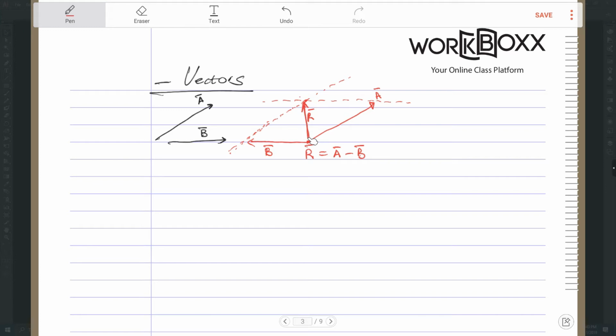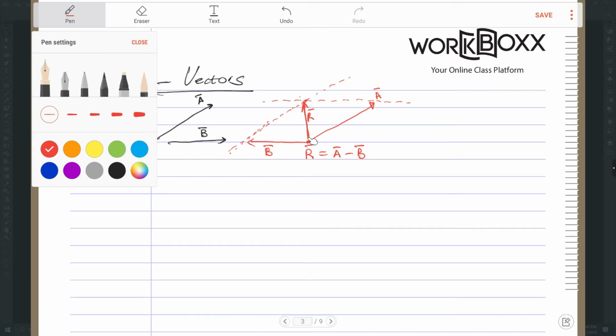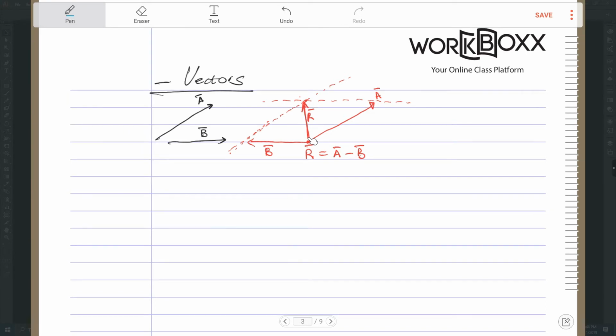The same applies to vector subtraction using the triangle rule. The first thing that you do with the triangle rule, we're taking A minus vector B. So you have vector A in that direction. Remember, with the triangle rule you use tip to tail.